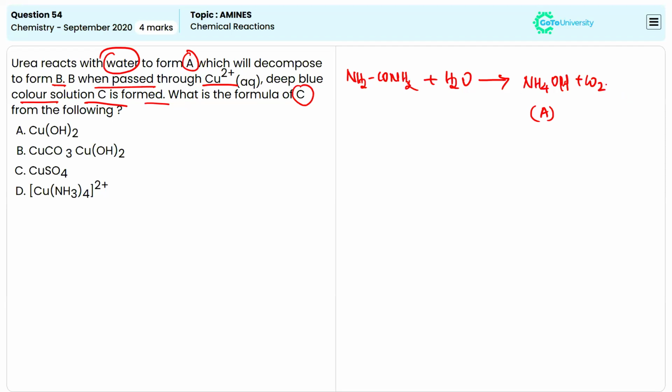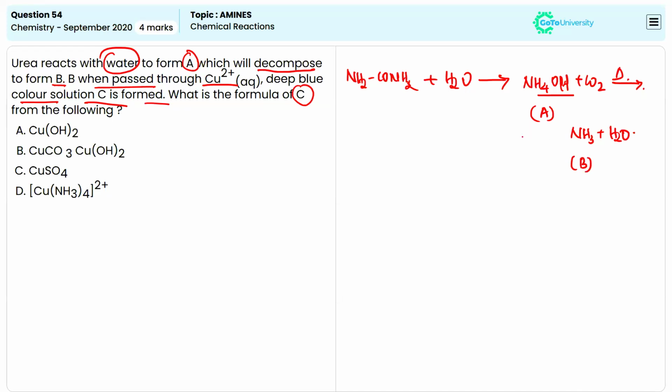Now this NH4OH, A, will undergo decomposition. By heating, it will produce NH3 ammonia plus water. So B is ammonia.